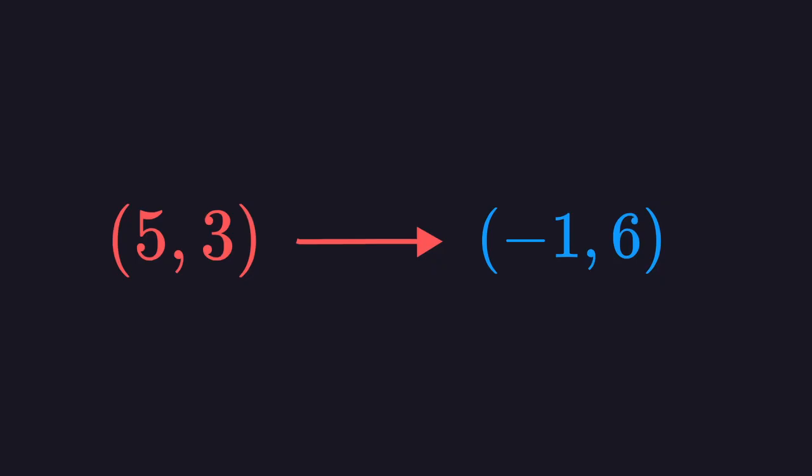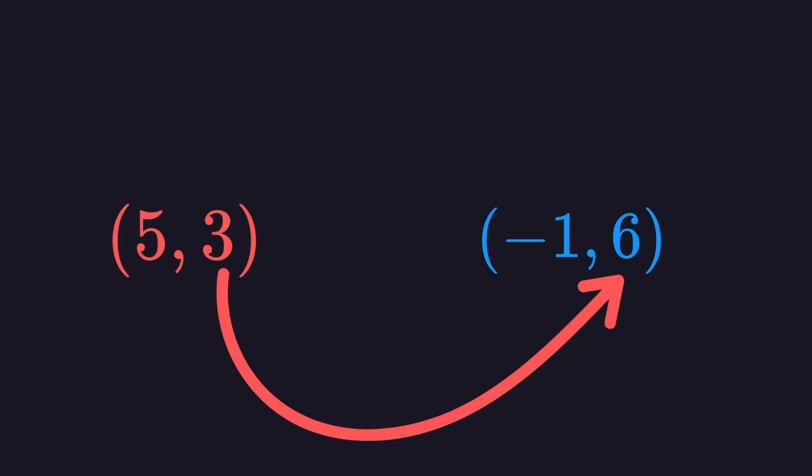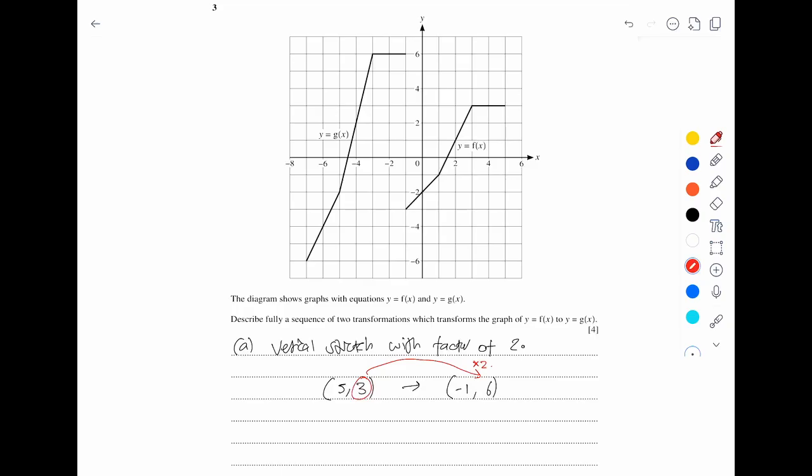So what's happened here to make this transformation possible? Well, the first thing to notice is that we've gone from 3 to 6, which tells us that the y value has scaled by a factor of 2.